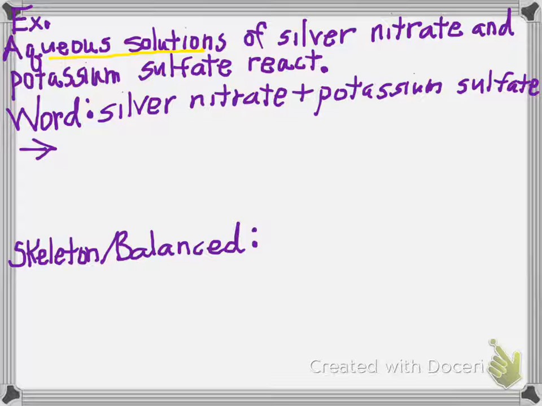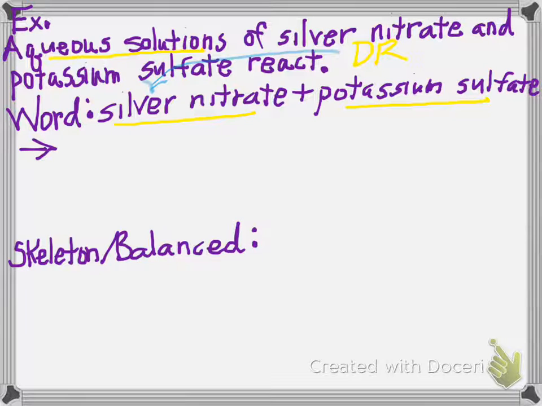Remember, to predict the products, we have to identify what kind of reaction this is. We know that we have 2 compounds here reacting, and the only kind of reaction where I have 2 compounds is a double replacement.